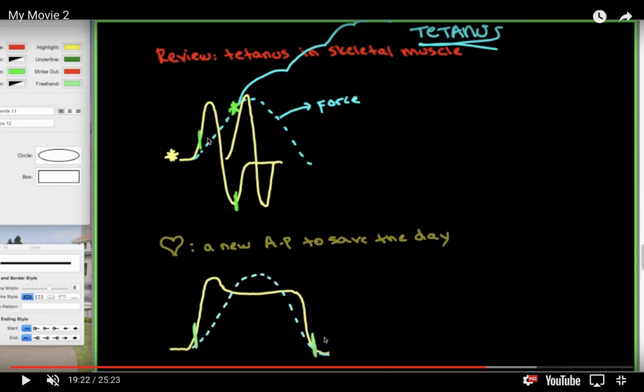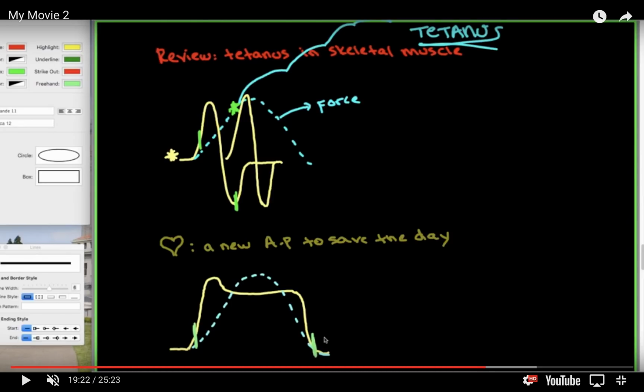In skeletal muscle, I could stimulate this muscle when it was really contracted again, and I could build up that force. Cardiac muscle is going to say, all right, I'll let you generate force once, but I'm not going again until I'm fully relaxed. It's just not going to happen, which is great because that makes sure that the cardiac muscle will never experience tetanus.